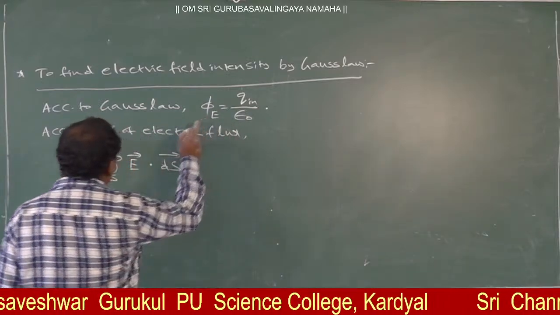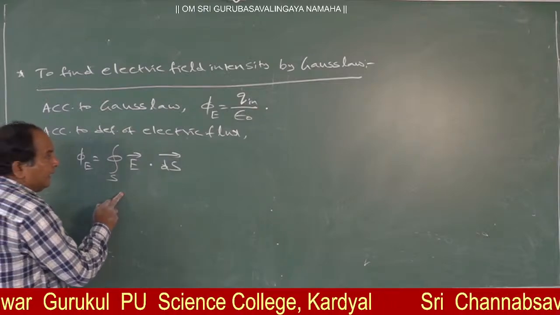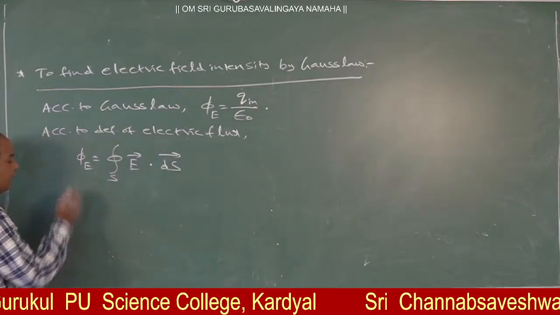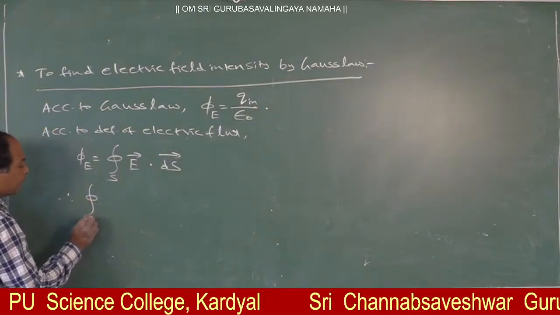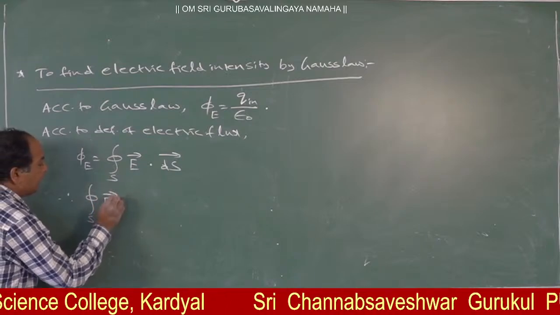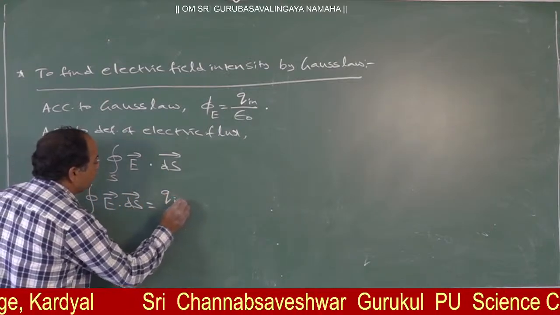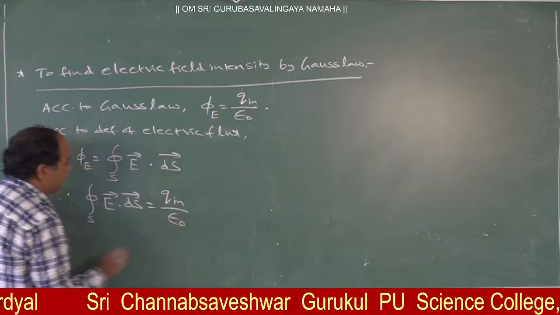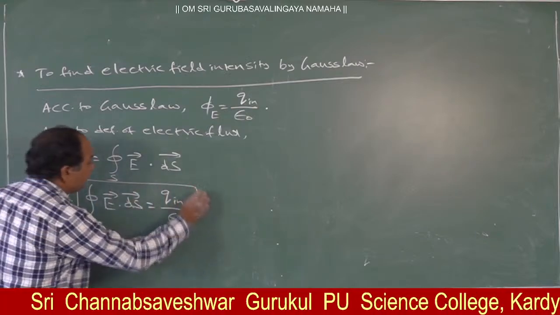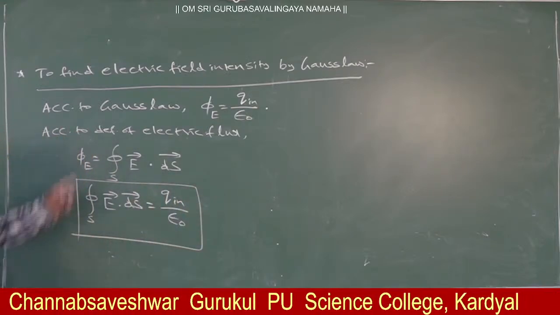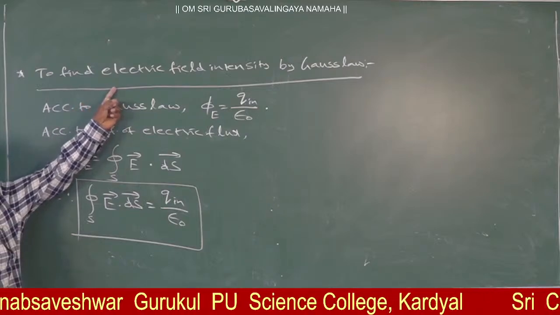Here these two equations are representing flux, so we may write therefore surface integral of E bar dot ds bar is equal to Q in by epsilon naught. By using this we are able to find out the electric field intensity.